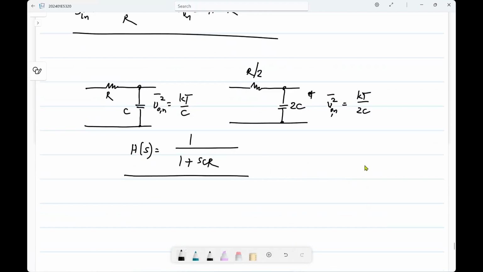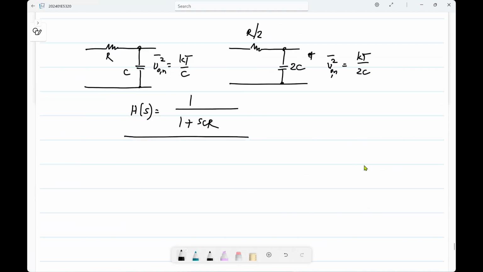Now, what is really happening? This is what is called impedance scaling. That is, you scale all admittances by the same factor. The transfer function will remain the same. That you can easily imagine. I won't derive that.